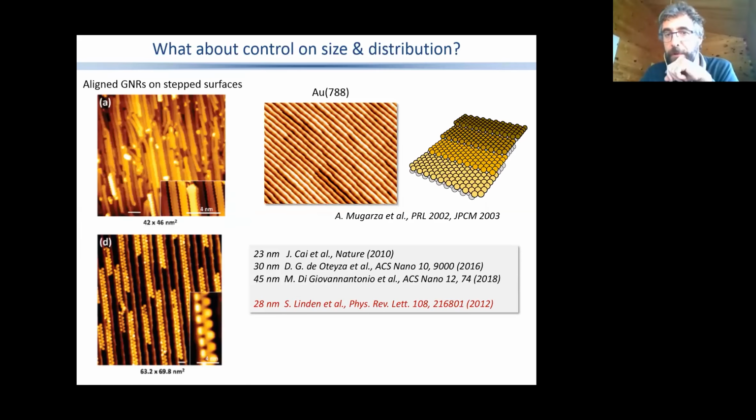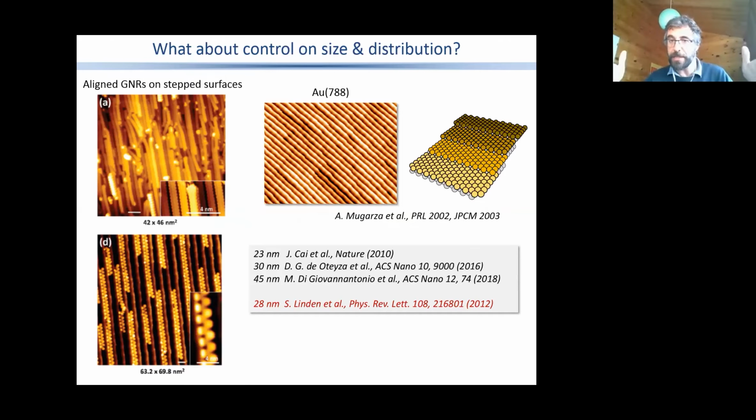You could improve the order by, for instance, nanostructuring your catalytic template. You can add monatomic steps, and then you can force the growth in one direction. So this has been an important advance, because then you can align the nanostructures over millimeters, okay?